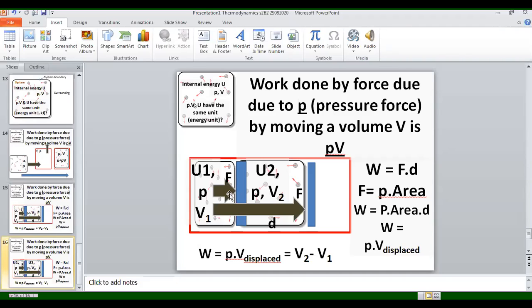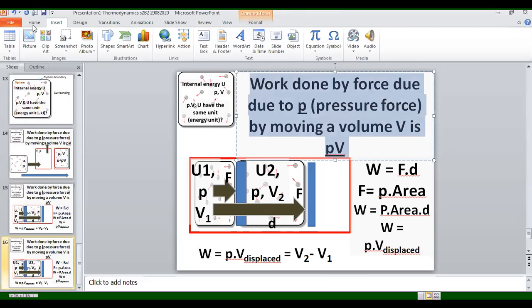And because of this energy U1, part of that converted to work, and the remaining energy is there as U2. So I'm going to write the equation here.